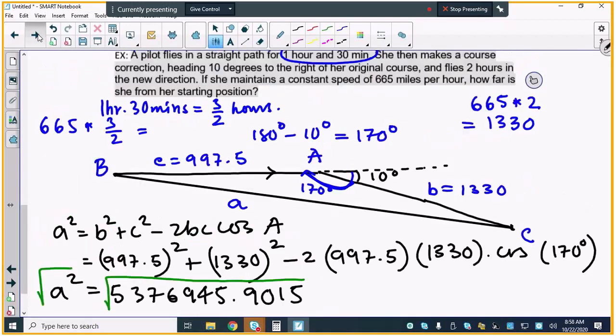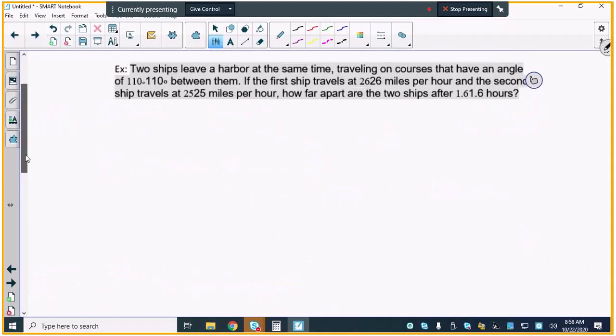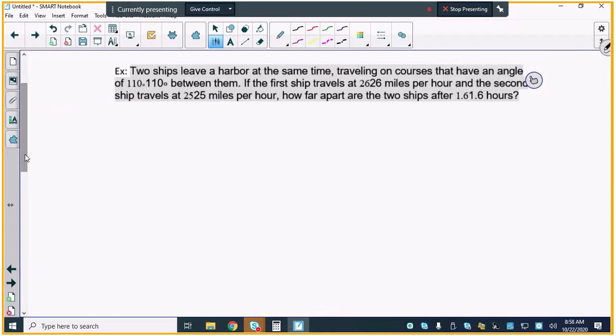Okay. So in our next problem, 2 ships leave a harbor at the same time, traveling on courses that have an angle of 110 degrees. So it should be just 110 degrees. So think about the situation. You have these 2 ships going in 2 different directions where the angle between them is 110 degrees.